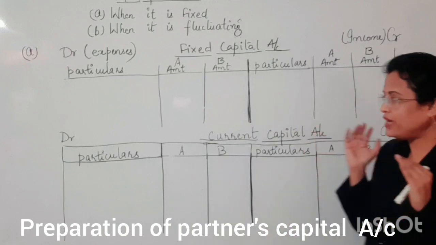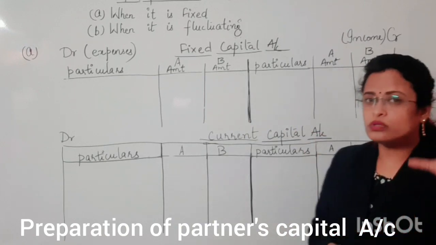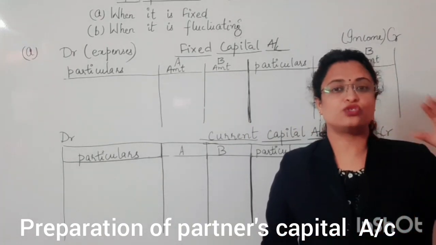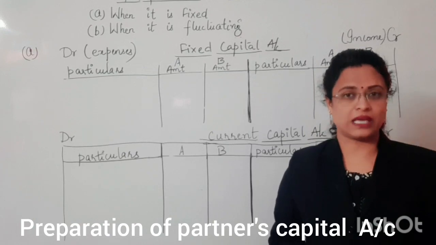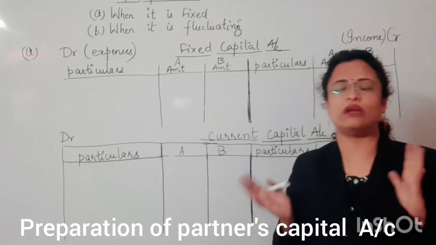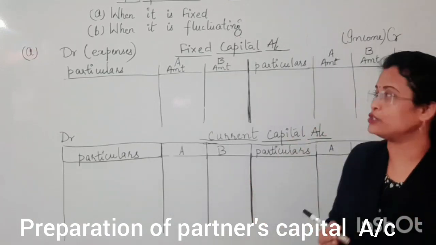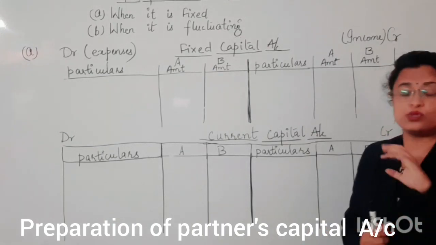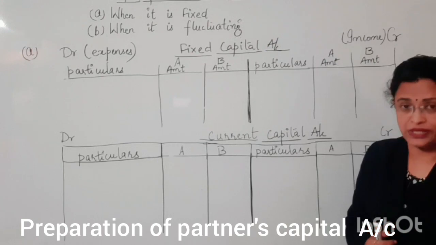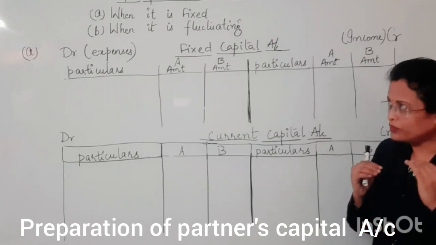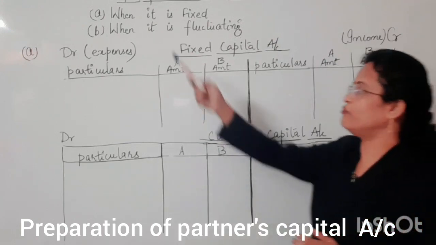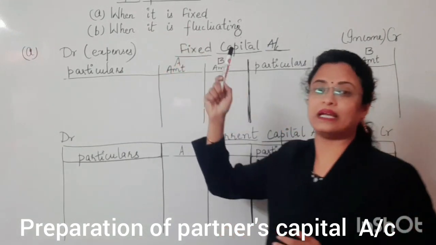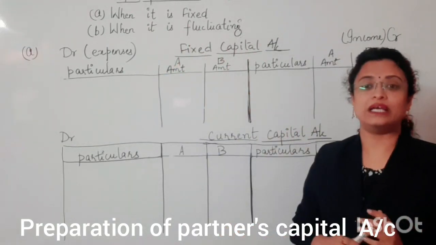So children, those things which have to be mentioned in the partner's capital account, from the partner's point of view: when we pick up those things which are not subject to frequent changes, it means we are following the method where the partner's capital is fixed.